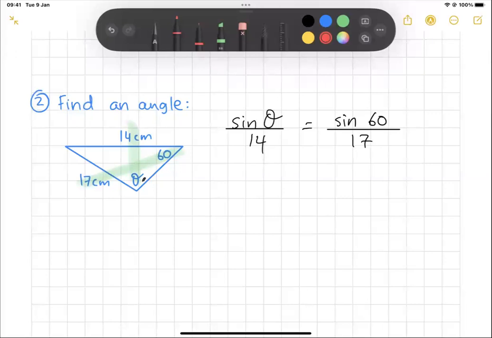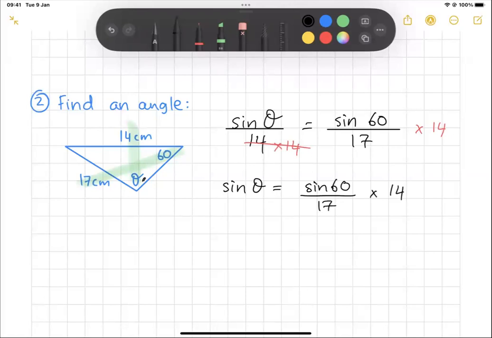How do I get sine theta by itself? I need to multiply by 14 on both sides. This will cancel out. I'm left with sine theta equals sine 60 over 17 multiplied by 14.